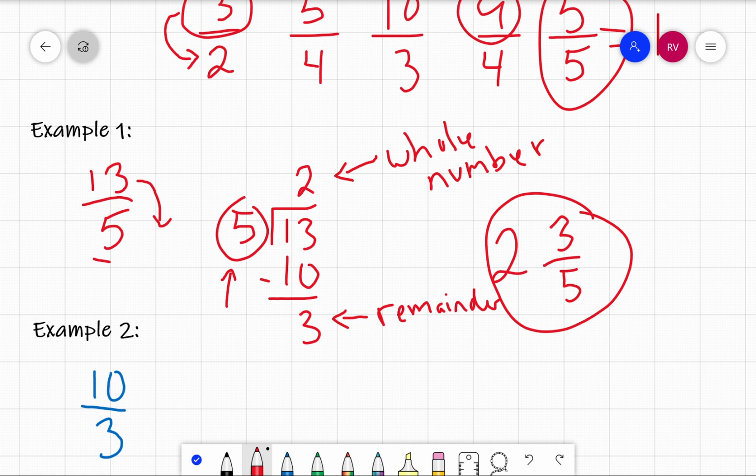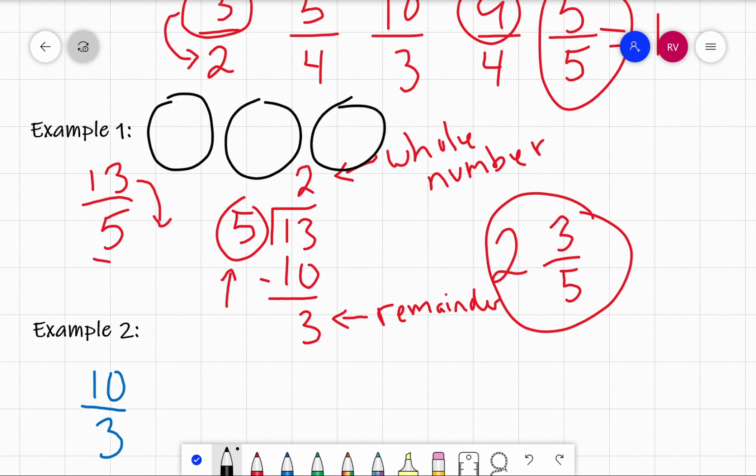So I'm going to do a different color here and make 3 circles. Okay, kind of squeeze them in here. Now we need to split these into fifths. Do my best here. 1, 2, 3, 4, 5. Okay, so we have 3 circles that are split into fifths.